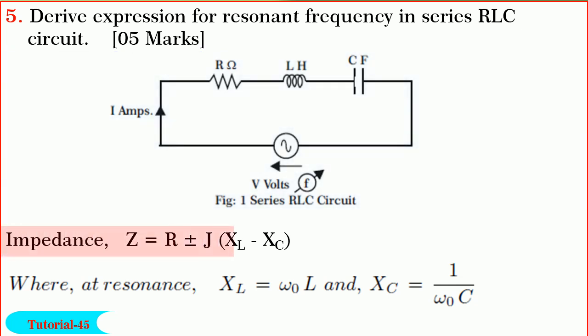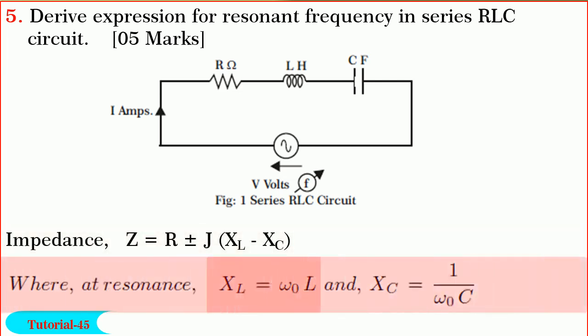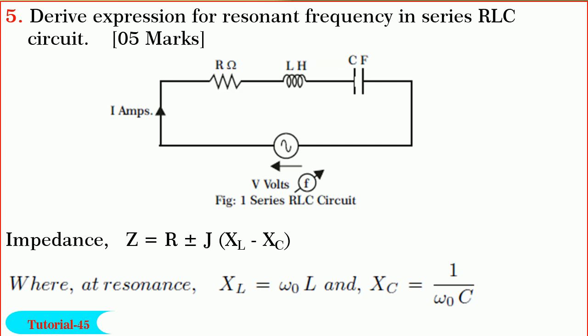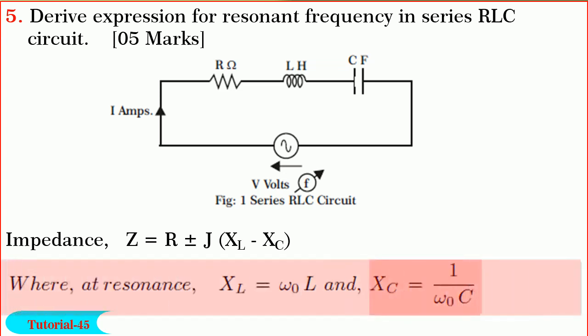We know that the impedance of this series RLC circuit Z is equal to R plus or minus j into bracket XL minus XC, where XL is the inductive reactance in ohms and at resonance frequency omega naught radians per second, XL is equal to omega naught L. Similarly, capacitive reactance in ohms, XC is equal to 1 upon omega naught C.